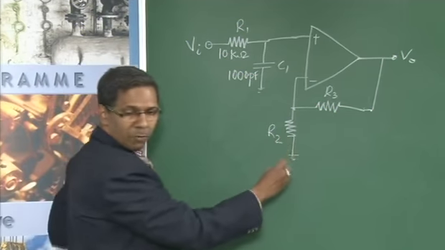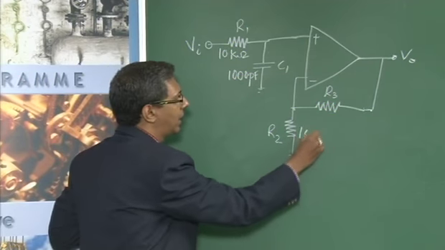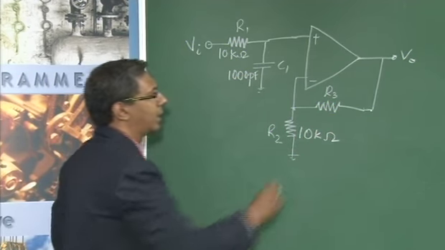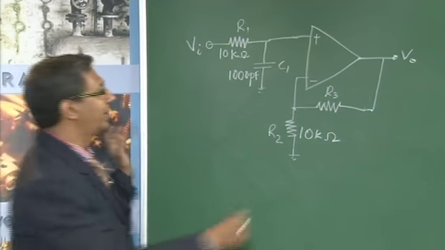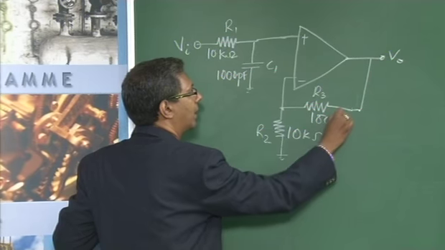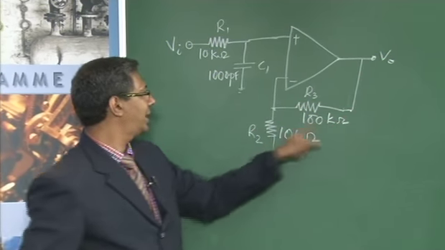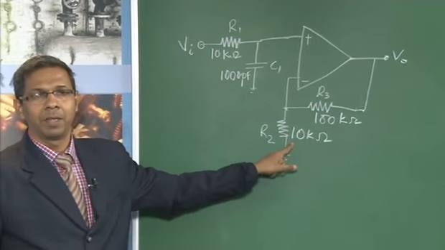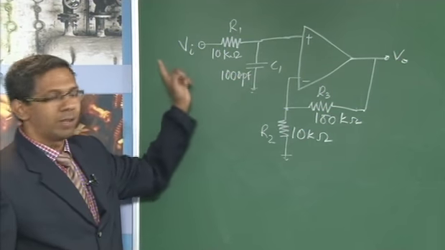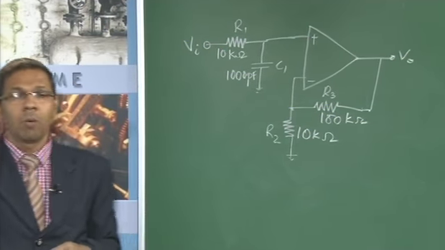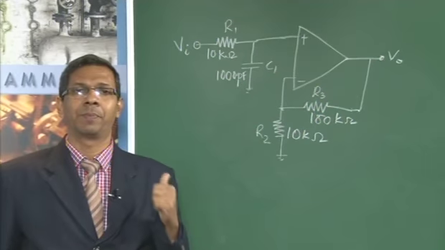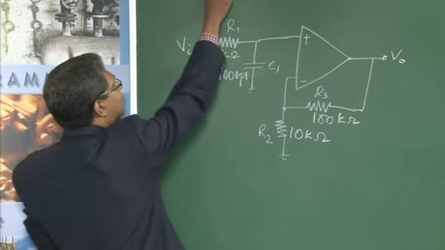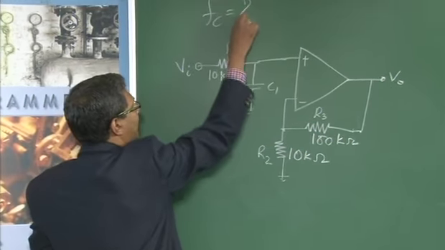The feedback resistor is 100k and the input resistor is 10k. Now the question that has been asked is, what is the cutoff frequency?